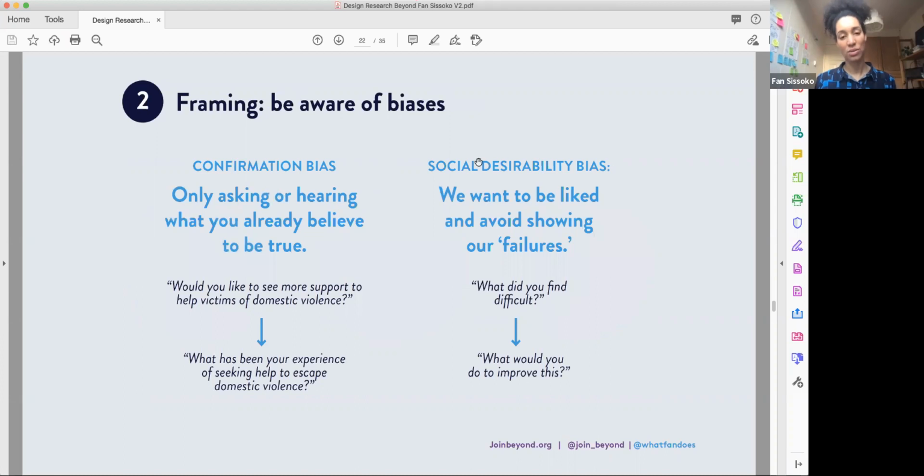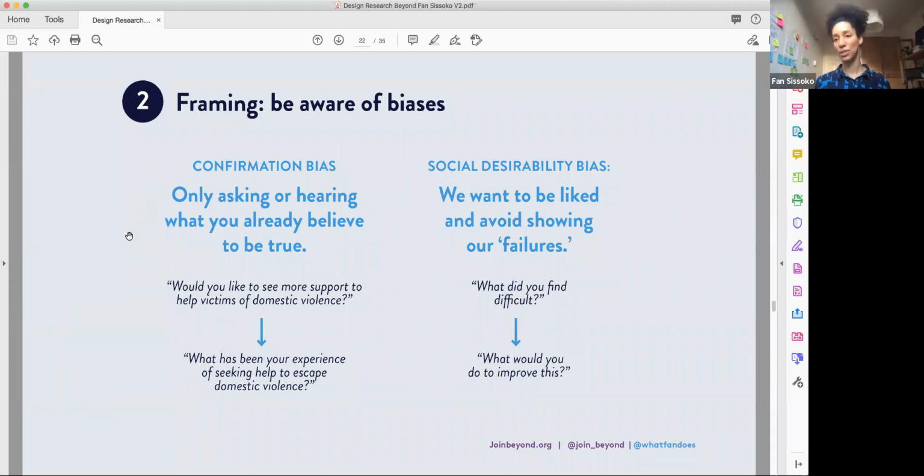And these are some more examples of how you can frame your questions going into research. And as researchers, we need to be really aware of our biases that are not just based on our own experience, but also, for example, confirmation bias, which is when you're only asking or hearing what you already believe to be true.